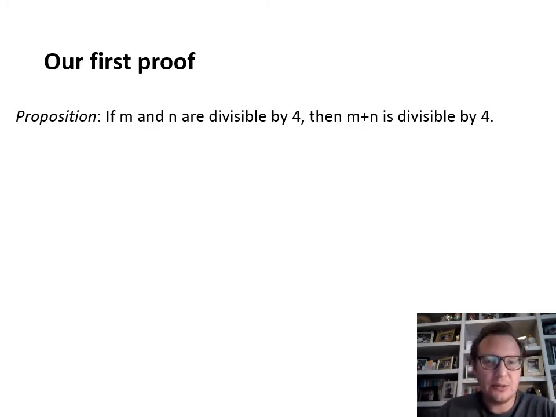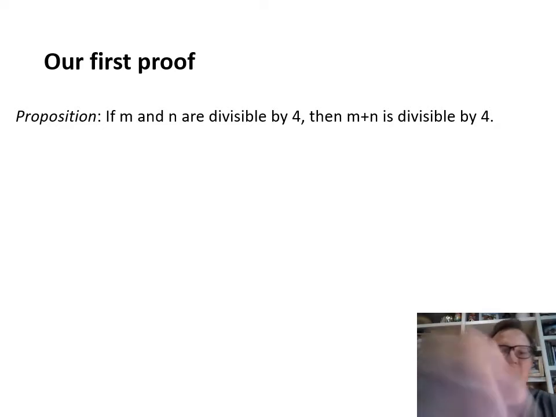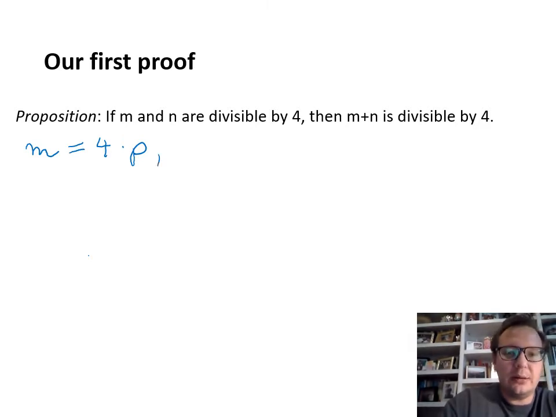So by the definition of divisibility, we know that m is then equal to 4 times p, where p is some integer.